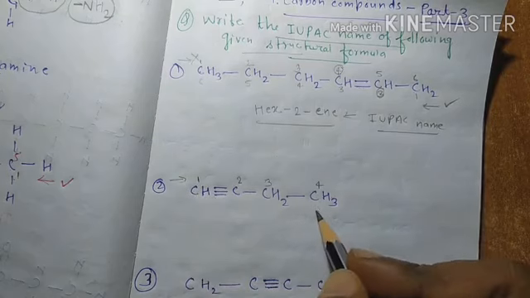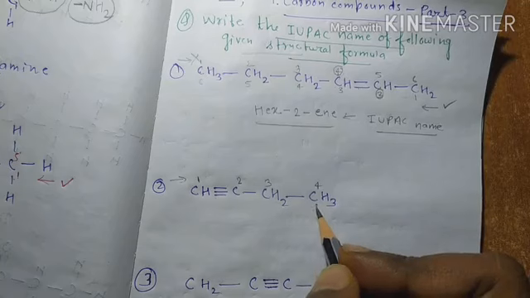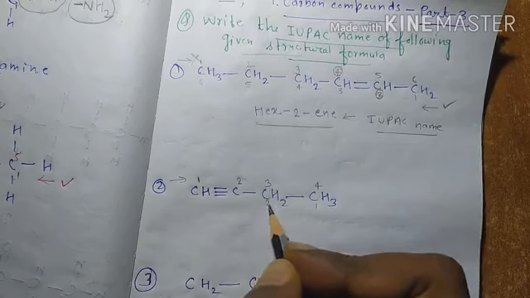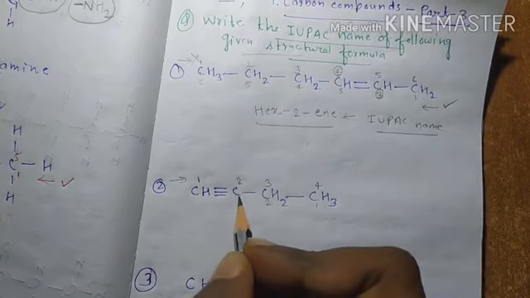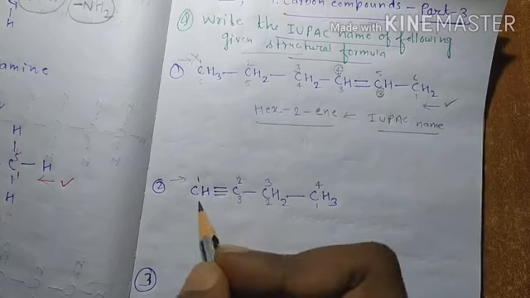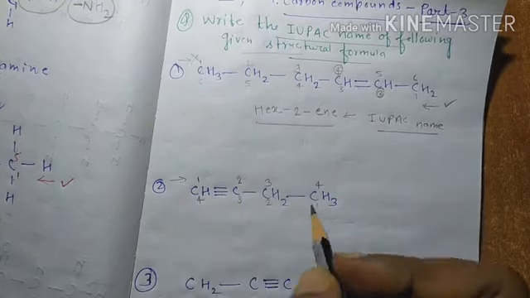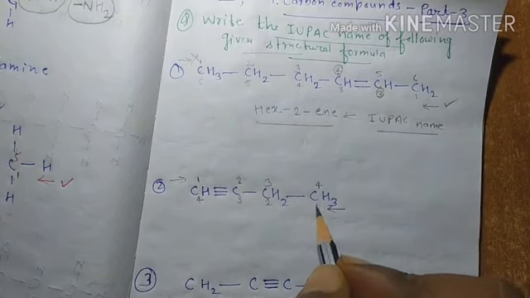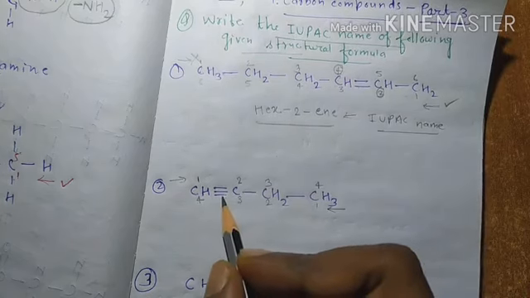But if we give number 1 to this carbon atom on the right hand side, 2 to this one, 3 to this one, and 4 to this carbon atom, then after 3 carbon atoms there is the triple bond.